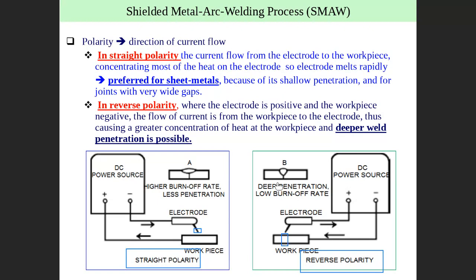This one is better for deep welding. Deep welding means bigger thickness of the workpiece material.